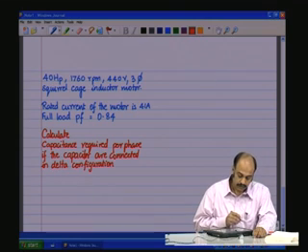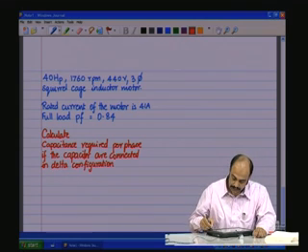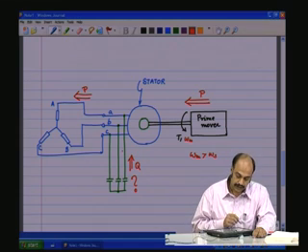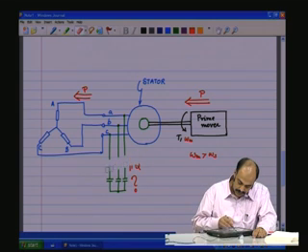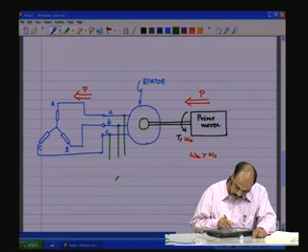So we have the scheme which is something like this, only this portion is now connected in delta, which means we have capacitance connected like that instead of star, the delta.